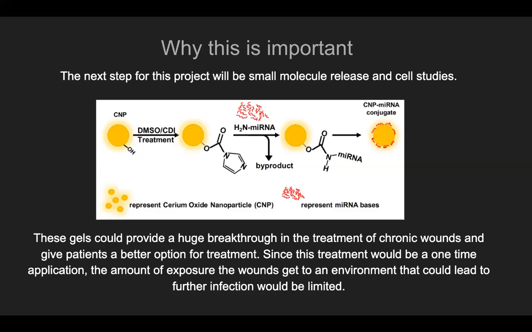And then the cell studies would provide us with information on whether it's biocompatible and whether cells would be able to grow around the gel and help heal the wound.